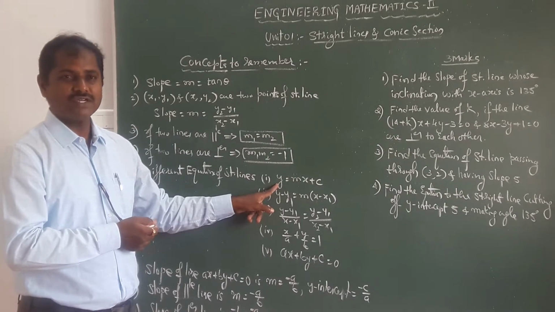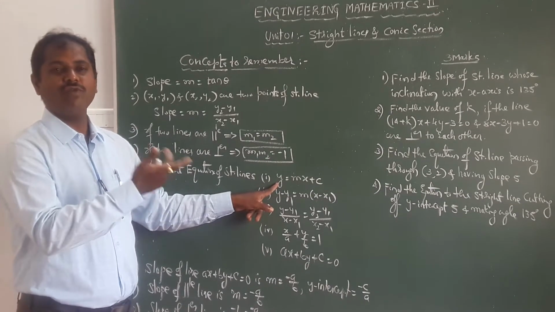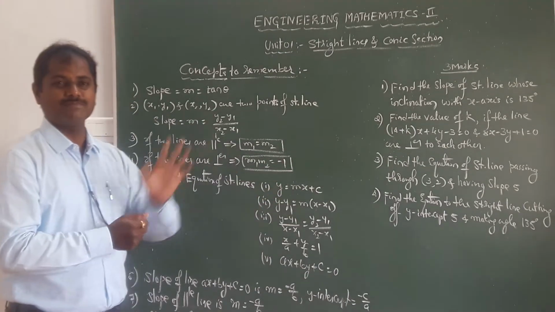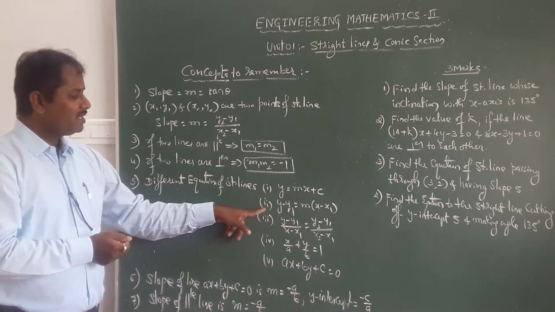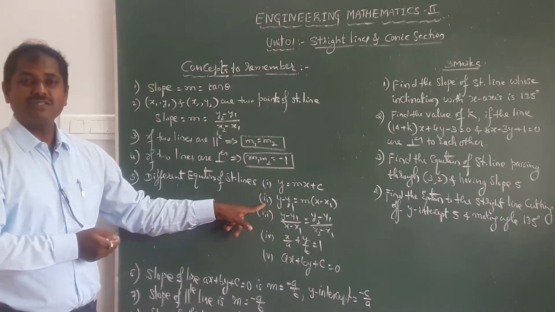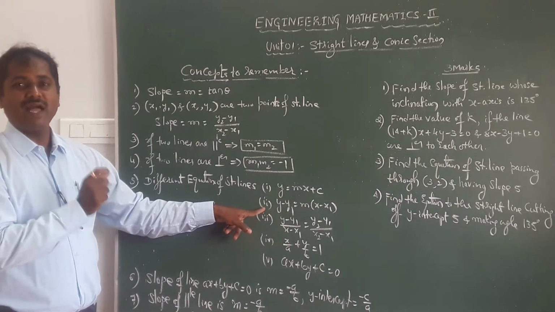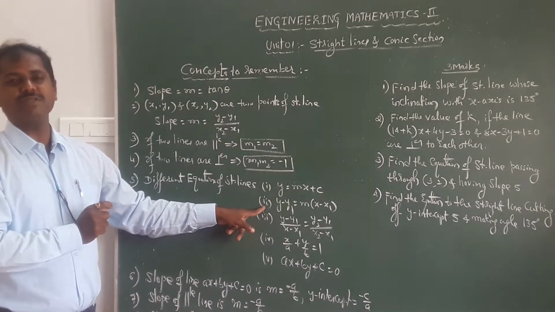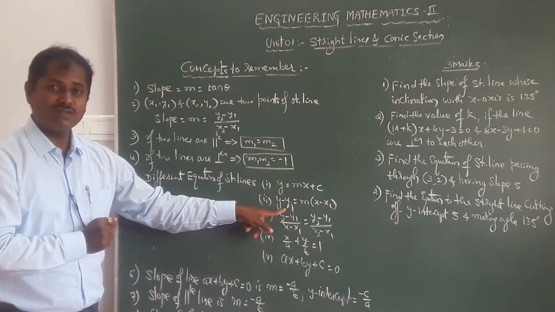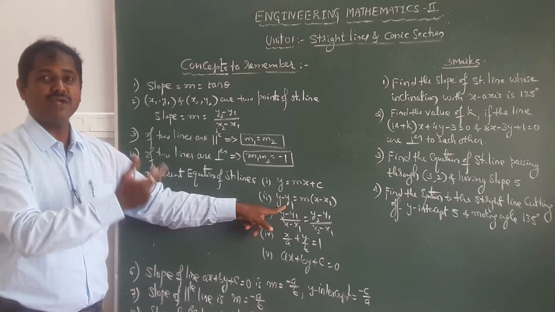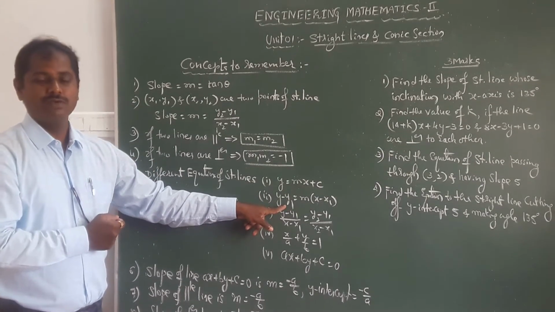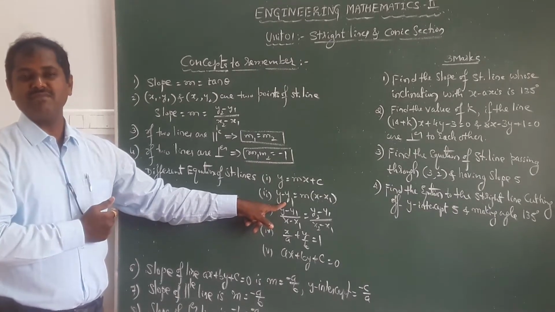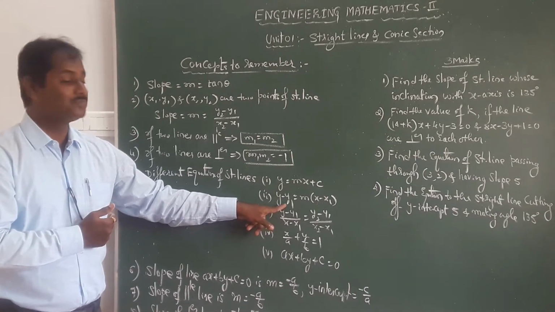Similarly, the equation of a straight line passing through a point and having a slope is given by y minus y1 is equal to m into x minus x1. Y minus y1 is equal to m into x minus x1.